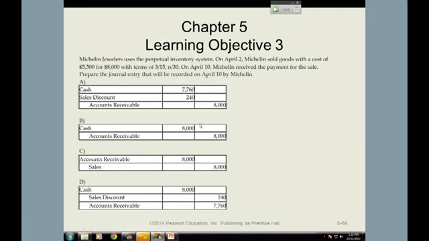We don't use separate contra accounts for this. If you were studying, there are some questions from the appendix, which we're not covering, which is the periodic system. The periodic system uses contra accounts: purchase returns and allowances, purchase discounts. The perpetual system doesn't do that. They flow everything on the purchase side through merchandise inventory. All right, that's it for this particular learning objective. Now, another quick learning objective, these will be pretty fast here.